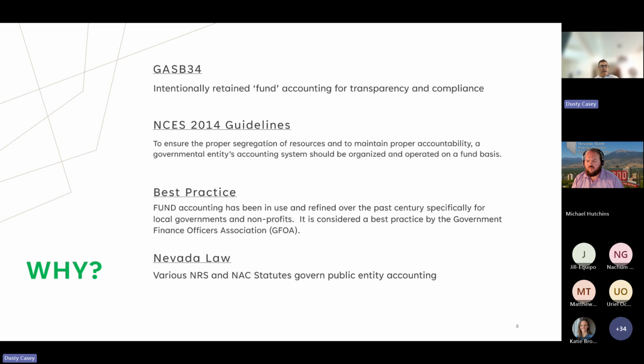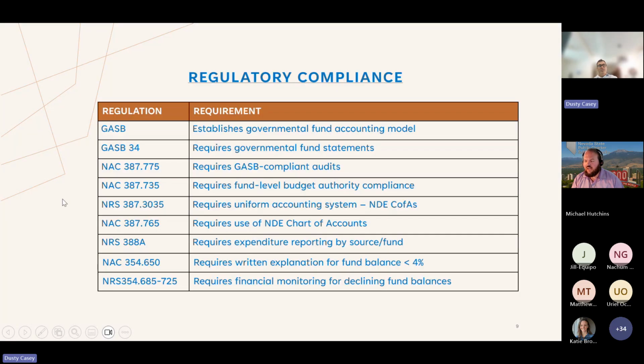Through NRS and NAC, there's a bunch of different ones I'm going to outline here that all reference back to either the authority of the department, which is NDE, for authorizing the chart of accounts, and requirements for all local school districts and charter schools to use those charts of accounts, reporting requirements, etc. So this really gets into the regulatory compliance, and I'm going to stop here.